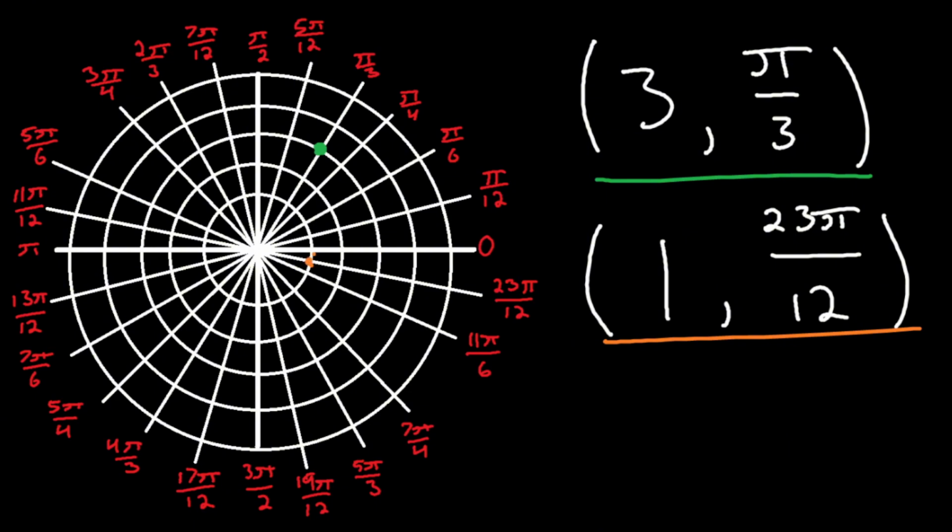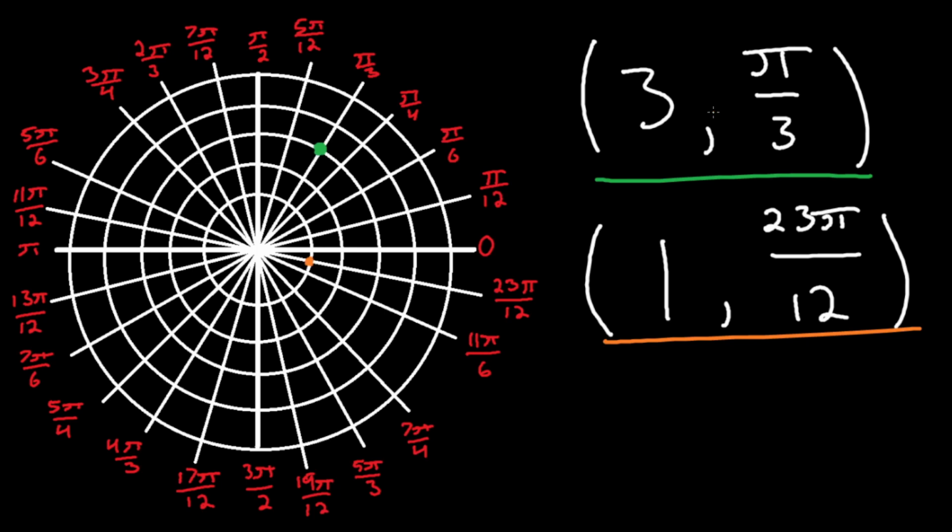So we want to plot this along the first ring somewhere. I already gave you the answer. Oops. But what we want is to be along this first ring and to also be along the angle 23 pi over 12. So 23 pi over 12 is along this line. And we also want to be along the first ring. Where's the intersection point? It's right here. So this point represents (1, 23 pi over 12).